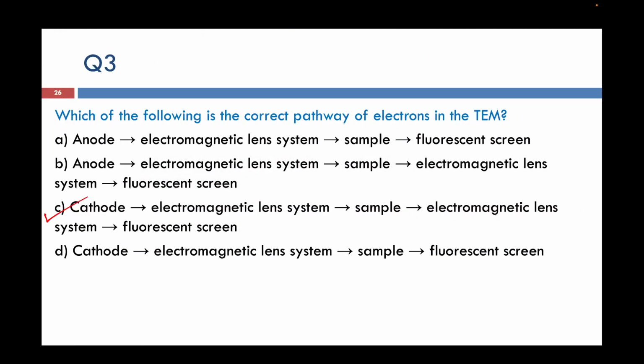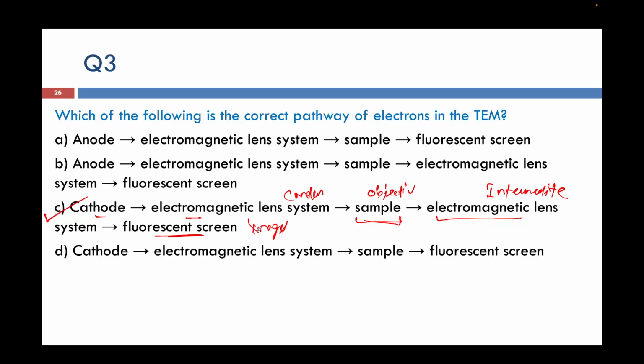Because cathode means the electron gun, where the electrons are coming from. Then the electromagnetic lens system means the condenser lens system here, then the sample, which stays in the objective lens system, then the electromagnetic lens system, meaning the intermediate lens system for further magnification, right? And after that the fluorescent screen, where I see my image. So this is the correct answer: cathode, electromagnetic lens system, sample.